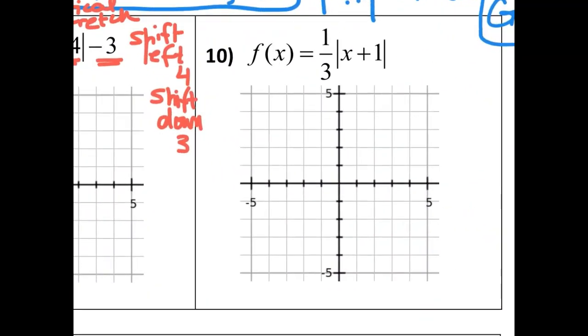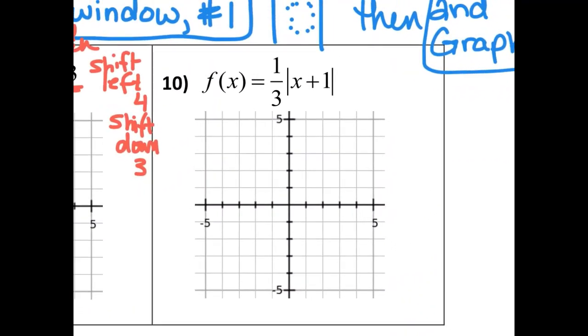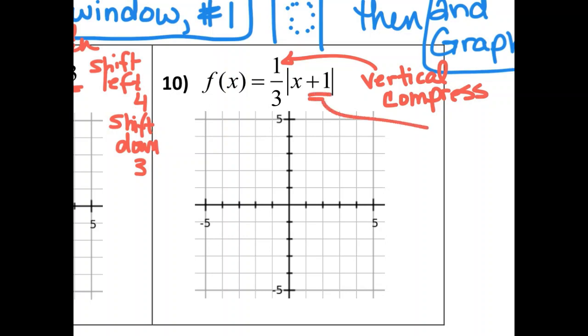In this third graph, we have a vertical compression, so the 1/3 there, that's a vertical compression. And the +1 here is going to be a shift left. So I'm going to shift left 1, but I don't shift up or down at all. So my vertex here is going to be at -1, 0.